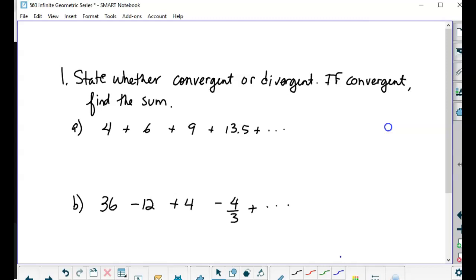If the common ratio is between -1 and +1, then it's convergent, and you can find the sum. So find the r value for each of those. Notice how this one has decimals, so if you want to use decimals, you can. This one has fractions, so you need to use fractions.